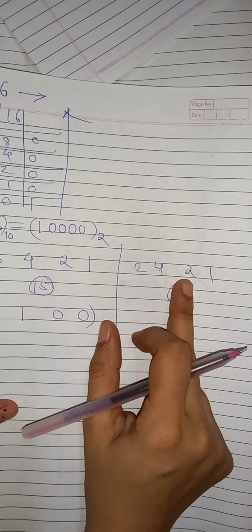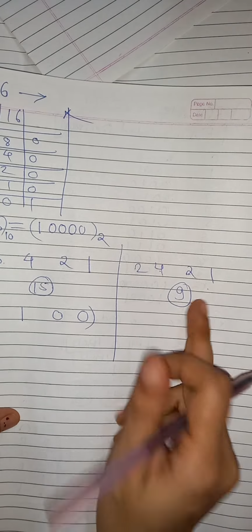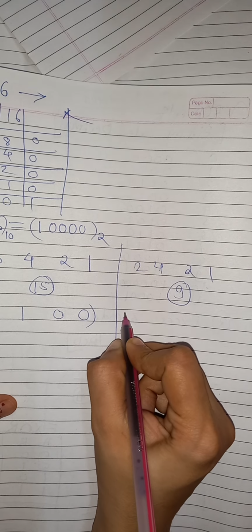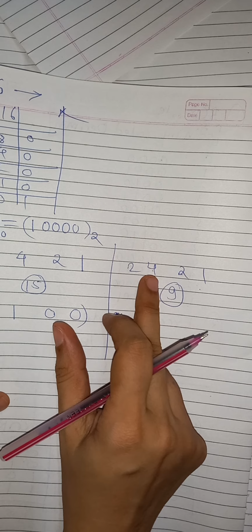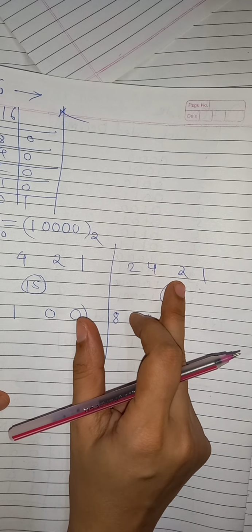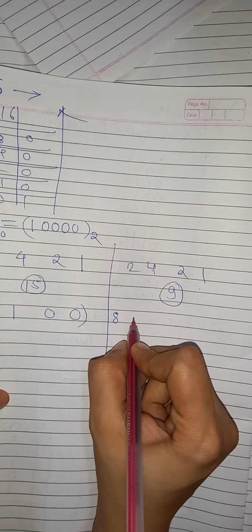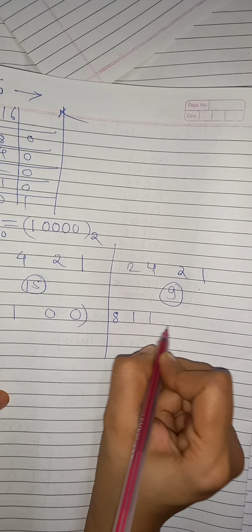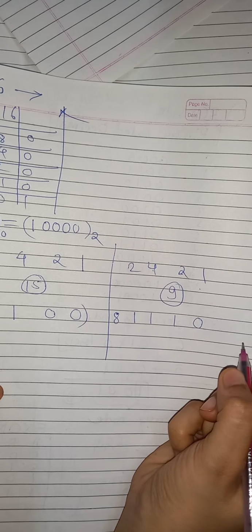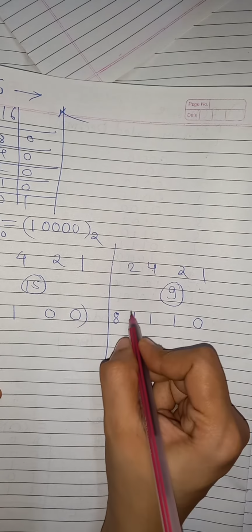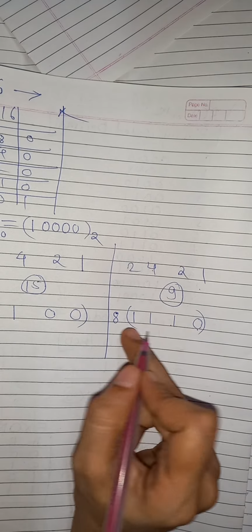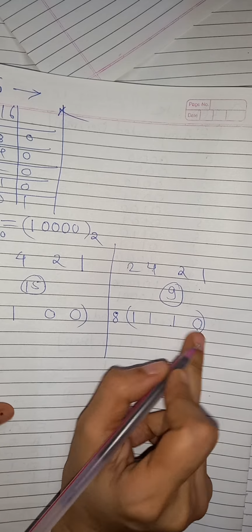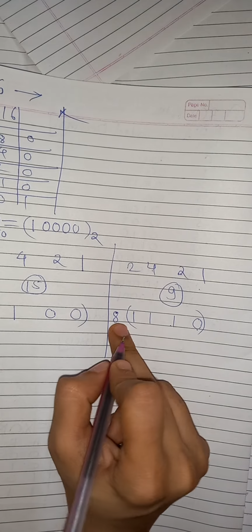And suppose in 2421 format we want to express 8, then 2 plus 4 is 6, 6 plus 2 is 8, so it can be represented as 1110. So 1110 is the 2421 representation of this 8. It is not the binary equivalent, it is the 2421 equivalent of 8.